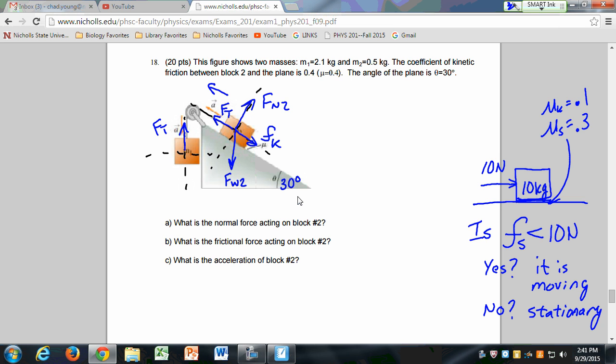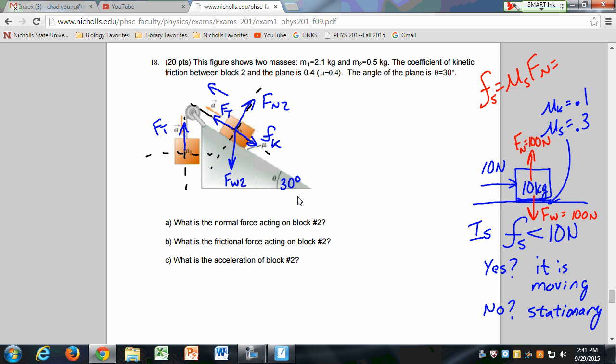It's not able to overcome that. So in this case, I know that my weight here is 100 newtons. My normal force is also 100 newtons. My static frictional force, then, is going to be mu s times the normal force.